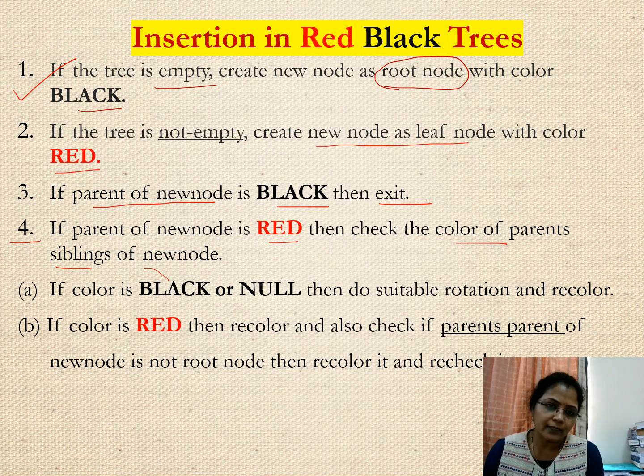If the new node's parent's sibling is black or null, then rotation and recoloring will be done. Again I'll repeat, if the new node's parent's sibling is black or null, then we have to perform rotation and recoloring. And if that sibling's color is red, then recoloring will be done.